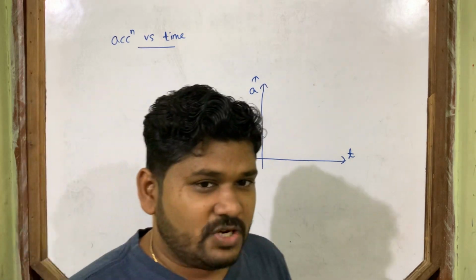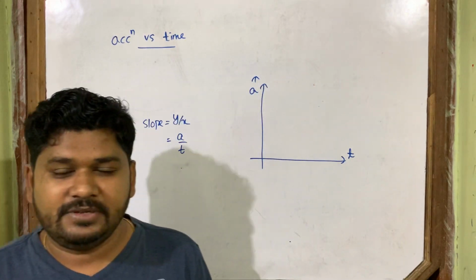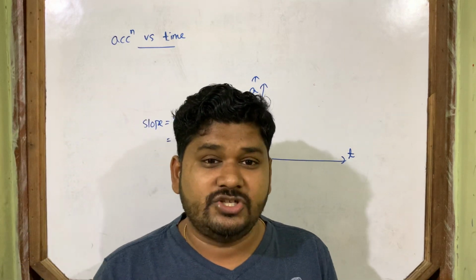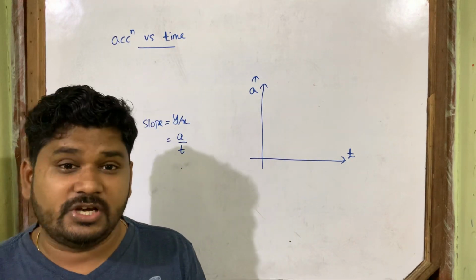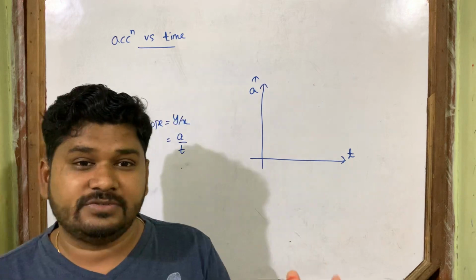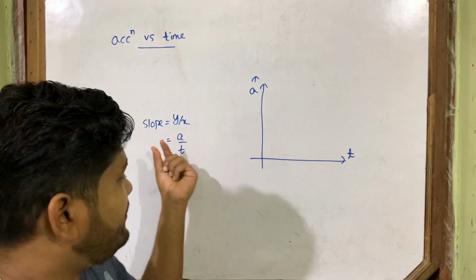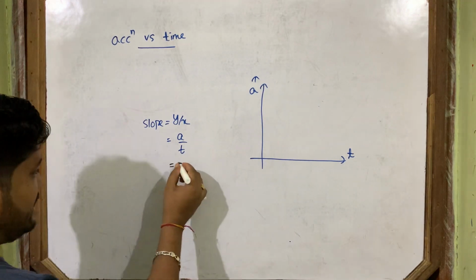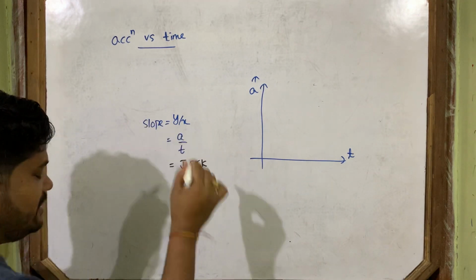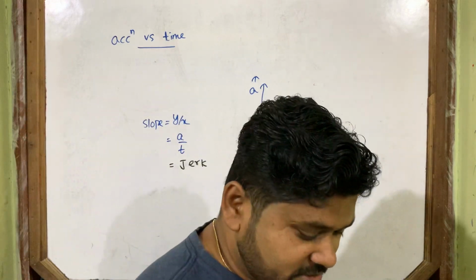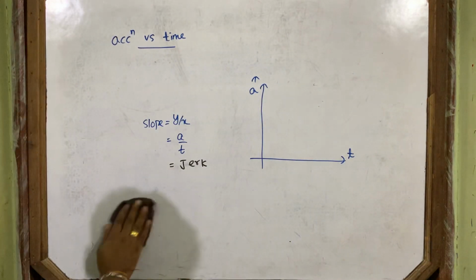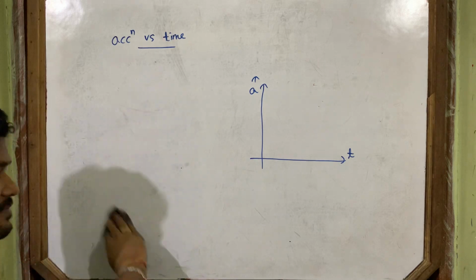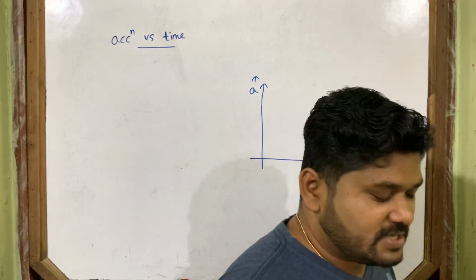Okay, that is not in the +2 level, but just listen, one quantity we say is jerk. Jerk is a quantity where acceleration varies with time. It can give the value of a jerk, but we will not discuss that one. That is not in our syllabus. So slope is not meaningful for us now.